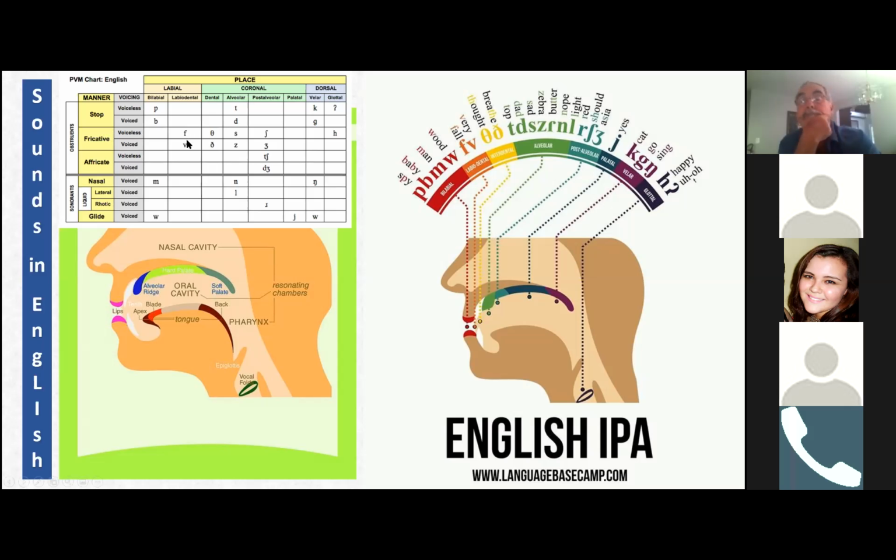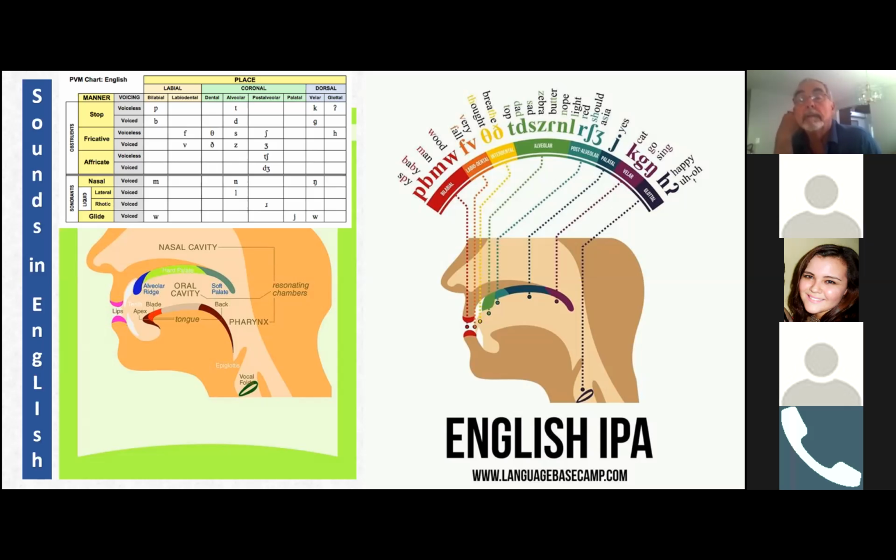Now, when we look at F and V and this TH sound that's voiced and voiceless, these sounds are called fricatives. You don't have to know these terms specifically, but fricative means that the airflow is constricted. In other words, I don't stop the air, but something's in the way to constrict it. So these sounds always have a hiss to them.